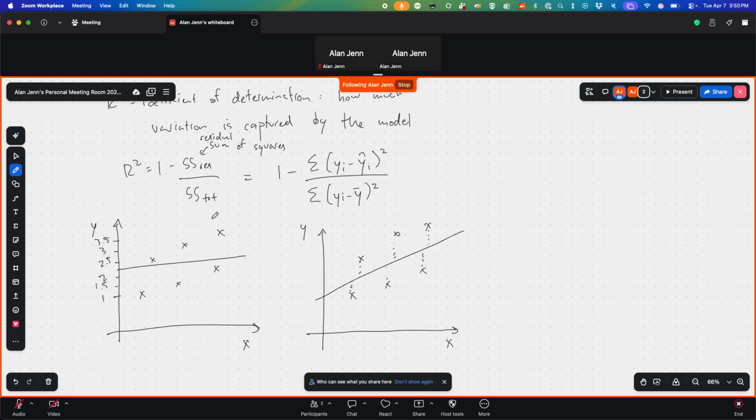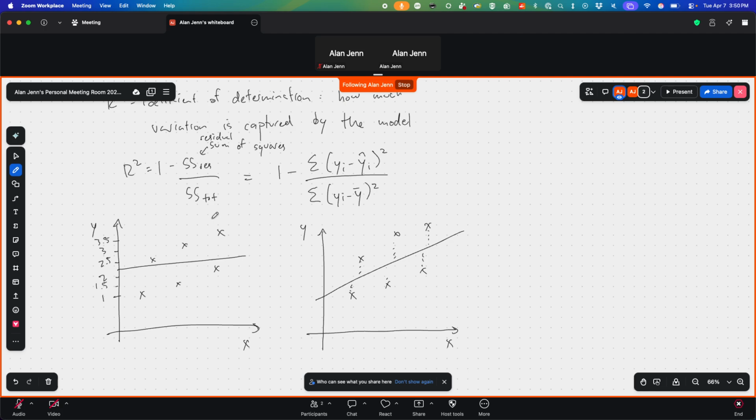But imagine that there is a real relationship between my two things, but there's a lot of noise in there. Your model could be capturing that relationship in a very precise way, but your R-squared could be really low just because of the artifact of the noise in the data.